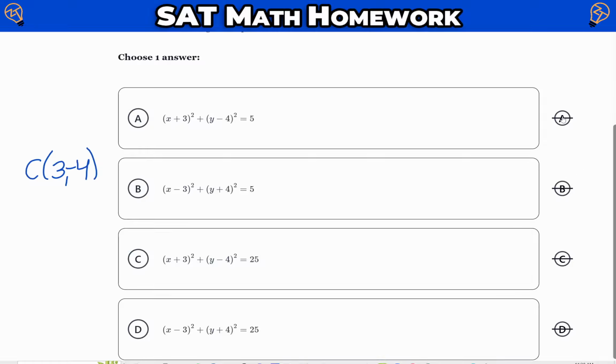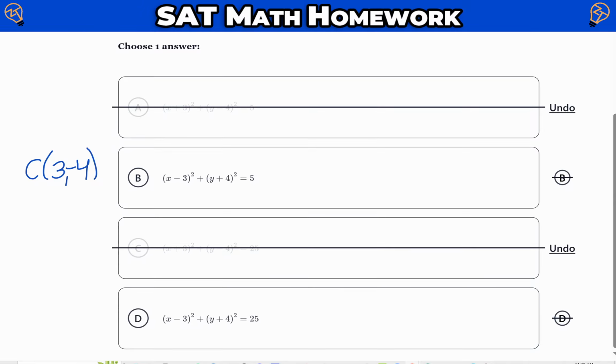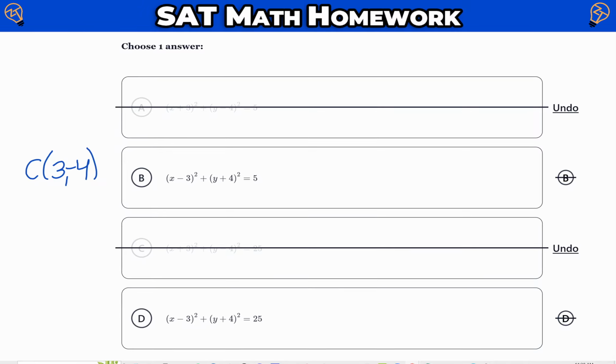So this one does not have negative 3, positive 4. B does, so we'll keep it in the running. C does not. Well, what's the difference between B and D? Well, we already established the radius is 5, and on the right side, it's always r squared. In other words, 25, making the correct answer D.